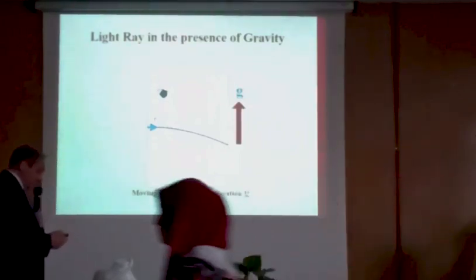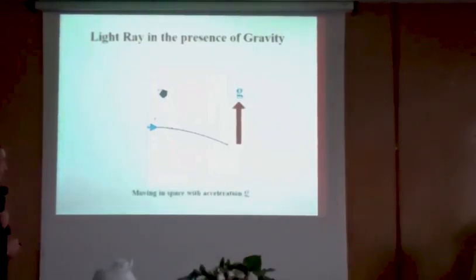This is another experiment. This is a lift moving with g. And here I have an opening, and a light is coming through this hole and falls down on the other side. Meanwhile, of course, the light will take a certain time to move from this point to the other side. While the light is moving from here to there, of course, the lift is moving with acceleration g.